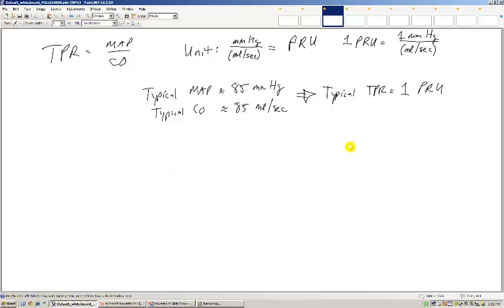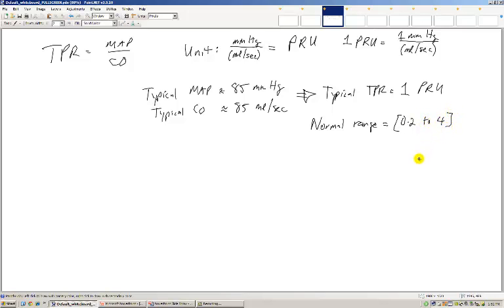And then they've defined that if you get really stressed and your resistance goes up, or if you get really relaxed and your resistance goes down, TPR can vary from about, say, 0.2 to 4.